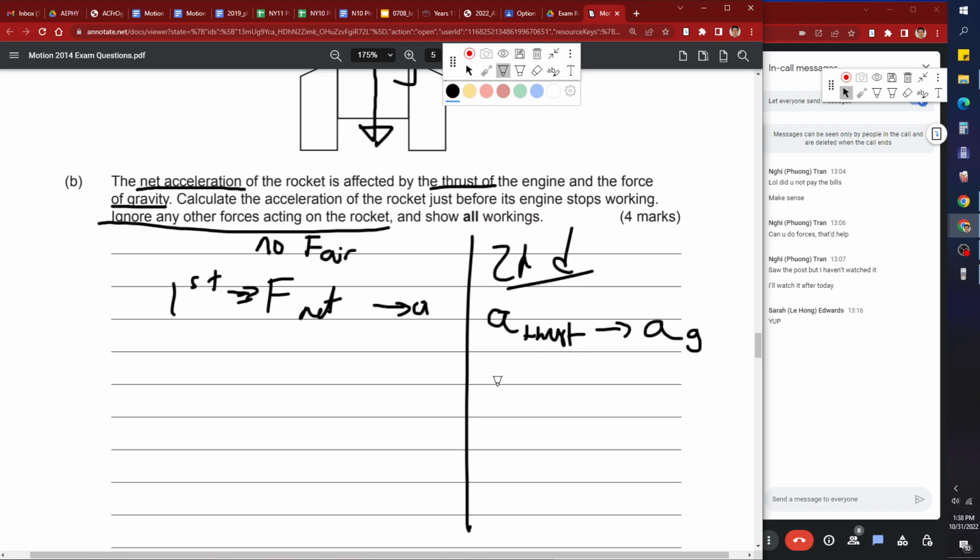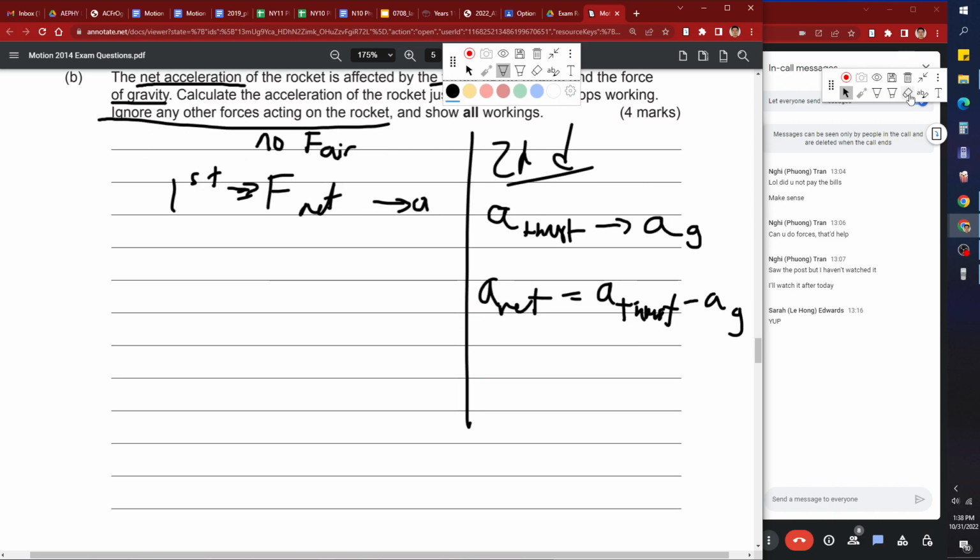So the net acceleration would then be those two: the acceleration due to the thrust minus the acceleration due to gravity, right? Okay. All right, so has anybody given me a thought on how we might do it the first way?